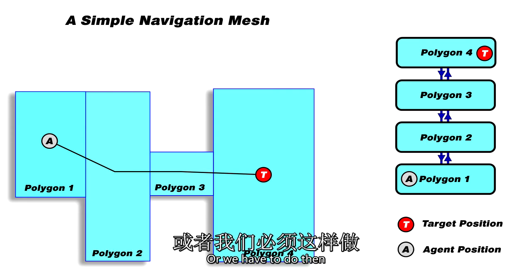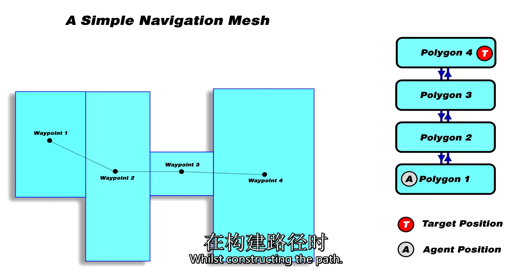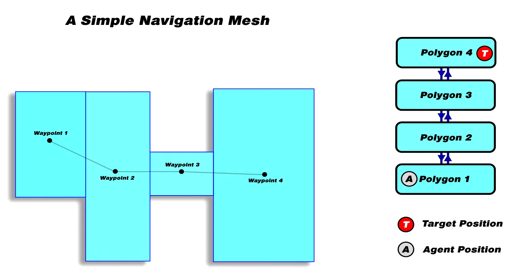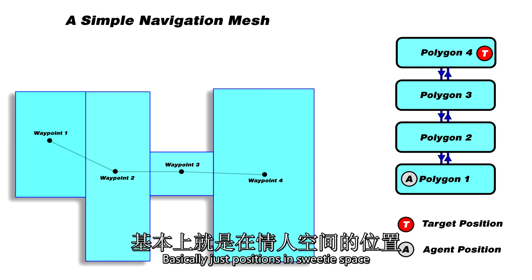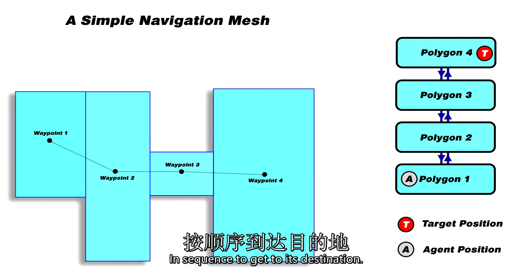All we have to do then is return the nodes that we have collected along the way whilst constructing the path. The output from the search is just a list of waypoints, basically just positions in 3D space that the agent then must visit in sequence to get to its destination.